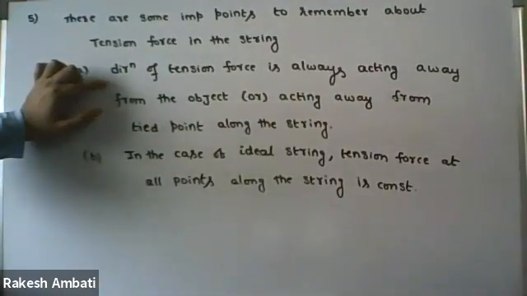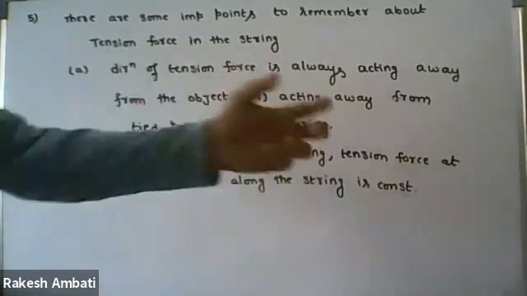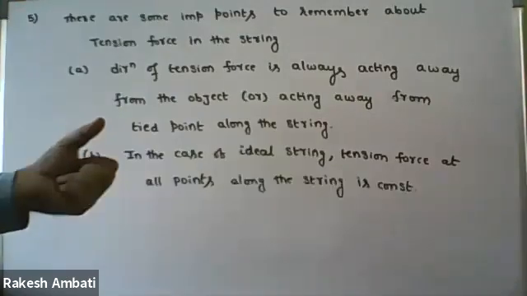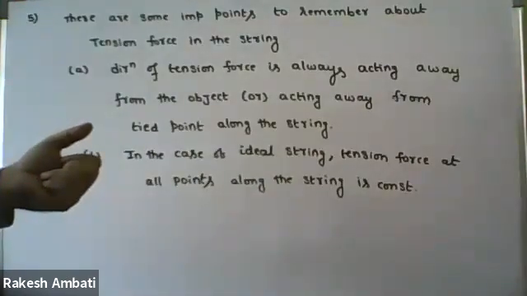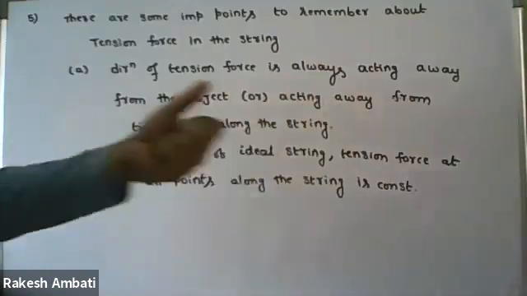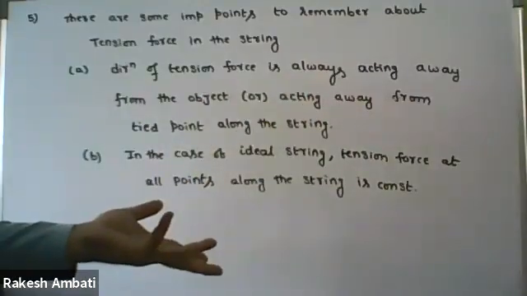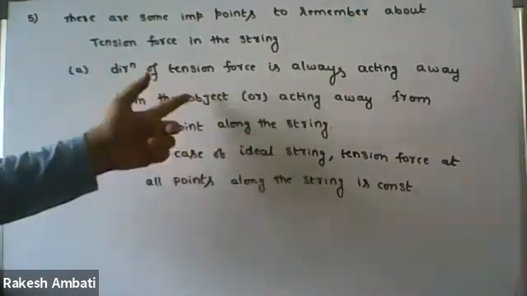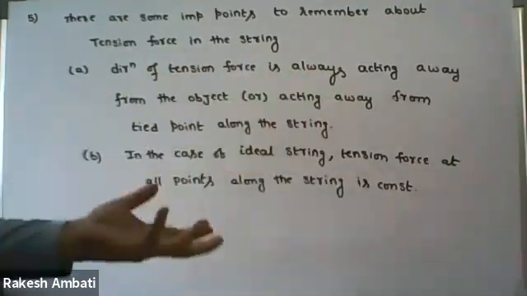See, first point, what is the direction of tension force? Tension force is always acting away from the body. Away from the body is indirectly a pulling force, not a pushing force. So that is the first point. Direction of tension force is always acting away from the object along the string.